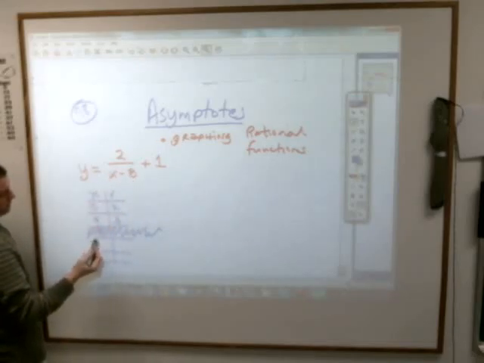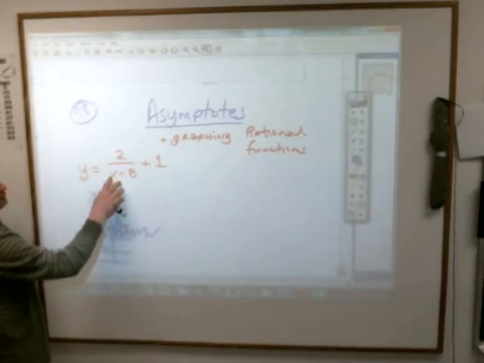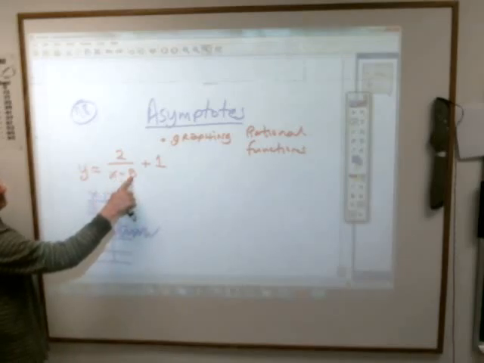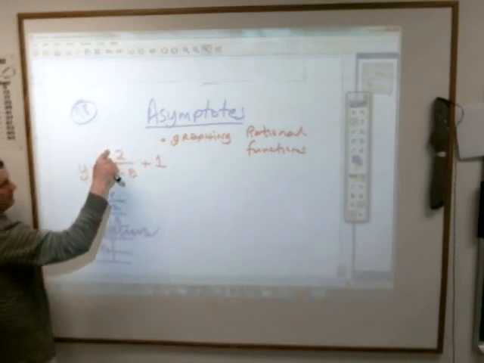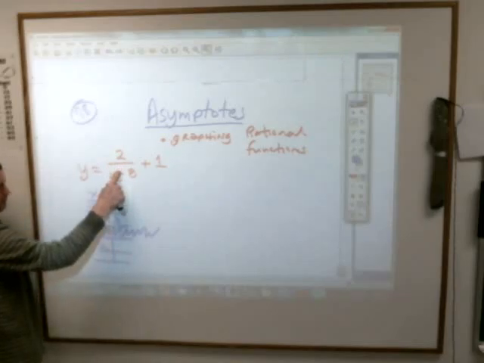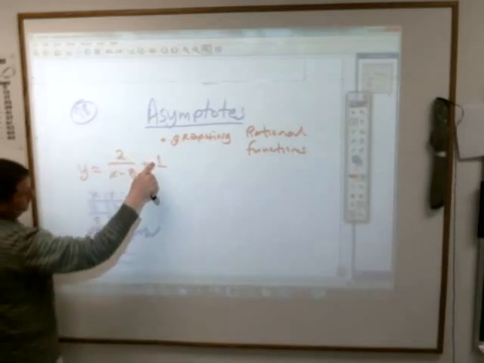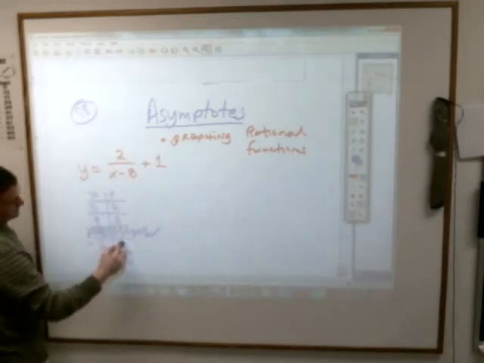Let's not do that one. What's going to be something on the bottom? -2. If you do -2, you get -2 minus 8, which is -10, so you get -1/5. -1/5 plus 1 is 4/5.